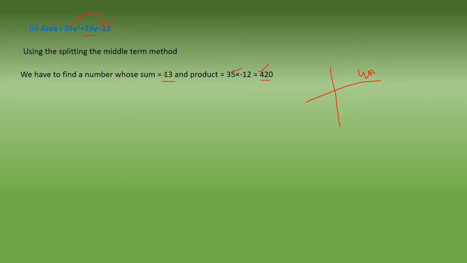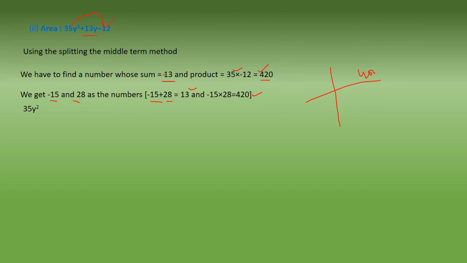So by the factorization method and by applying some common sense, we get two numbers, minus 15 and 28, that when added give 13, and minus 15 into 28 gives minus 420. So rewrite the equation.